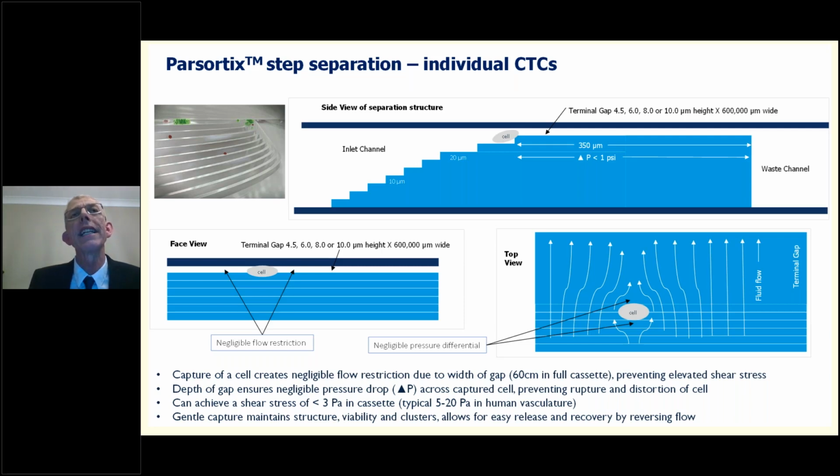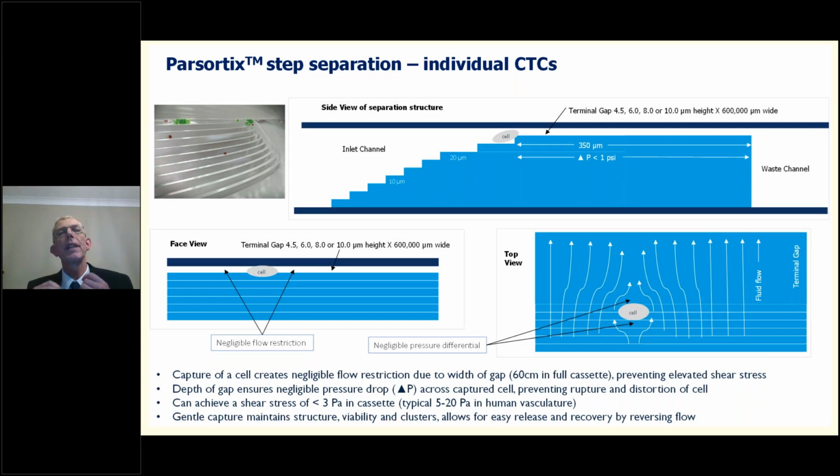So we are retaining a steady PSI within the region of our circulating tumor cell and our cluster. So it has the potential to maintain cellular structure. It reduces potentially the shear force and stress that we are applying to our rare cell, the cell that we want to capture because we want to do some biology or some clinical diagnosis on the basis of that. And we're maintaining a steady pressure.